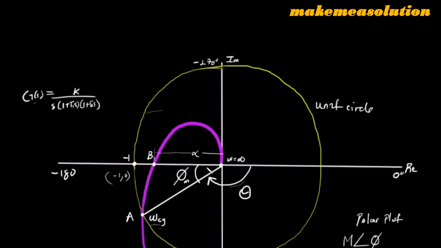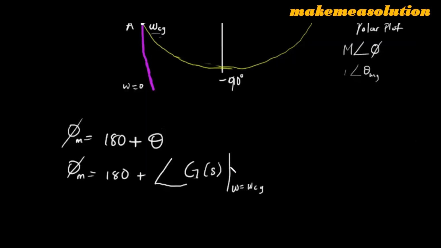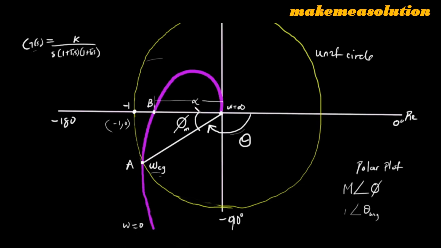So if our system must be stable, alpha should always be less than 1. Now, alpha is actually the magnitude of the system when the frequency is at a particular value here. So when the frequency is at this particular value, we can measure alpha.